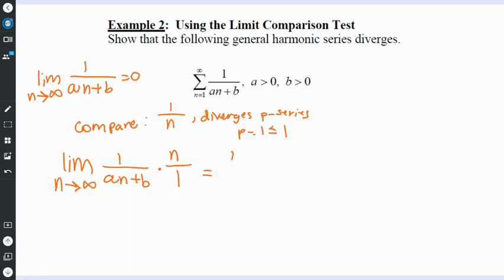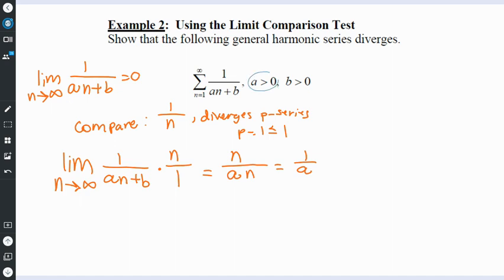And what about the denominator? Just an, right? Just the leading term. What is this limit equal to? 1 over a. And since a is positive, is 1 over a a positive finite number? Yeah. So what does that say about the original series? It diverges. Very good.